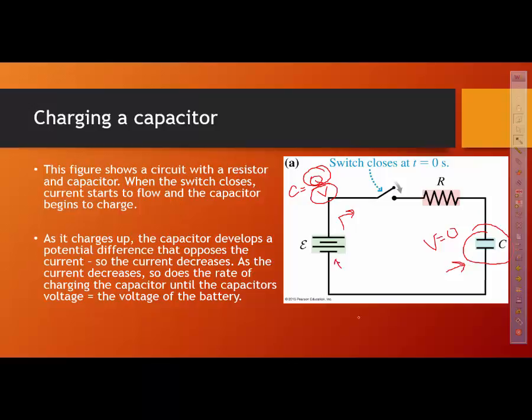So you end up having exponential relationships between voltage and current. The voltage across the capacitor will continually increase until it reaches a maximum, and the current will do the opposite: it will start at a maximum and decrease until it gets to zero when the capacitor is fully charged. So when the capacitor is fully charged, it acts like a break in the circuit.